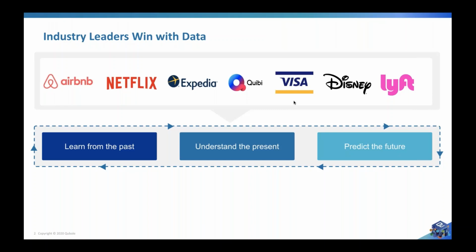Now, what is the life cycle of this data? When we talk about all of these customers who win with data, what is the life cycle? Basically, there are three aspects: learn from the past, understand the present, and predict the future. Learn from the past is reactive analytics, where you write simple SQL queries and identify what has been happening in the past.